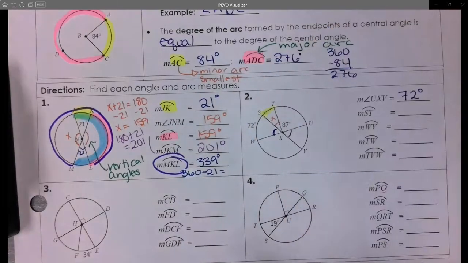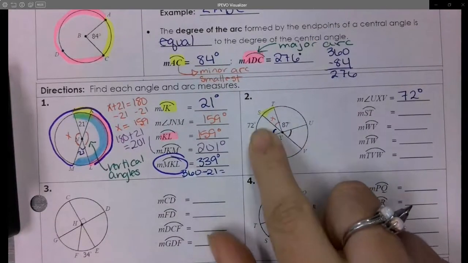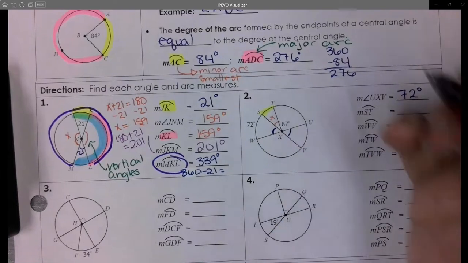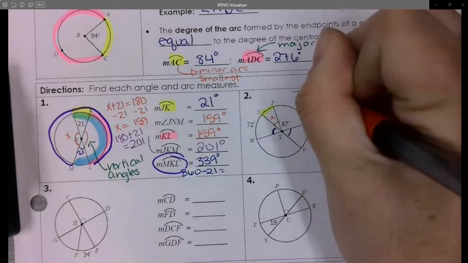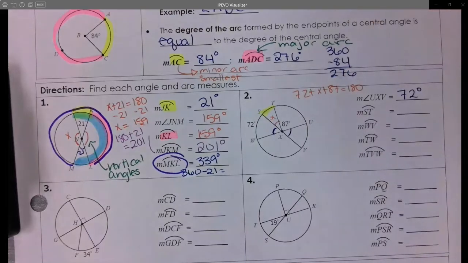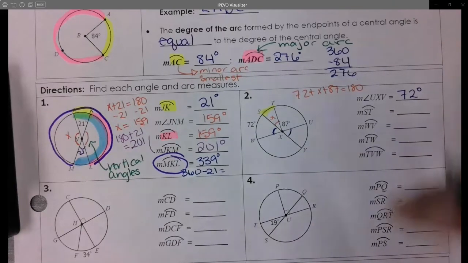So I'm going to make it an X, and I'm going to add it to 87, but I'm also going to add it to 72 because it makes a straight line for WU. So I have 72 plus X plus 87 equals 180. So what is 72 plus 87? 159.